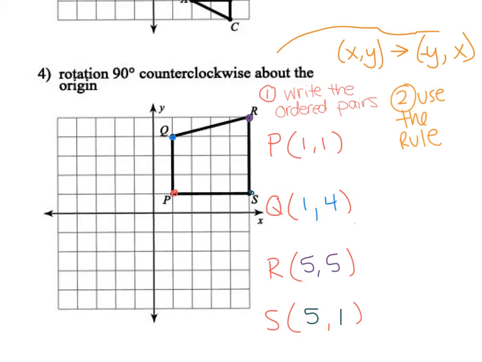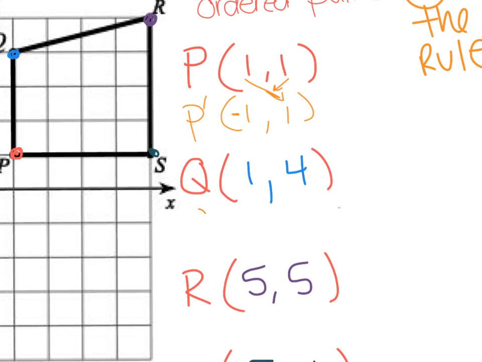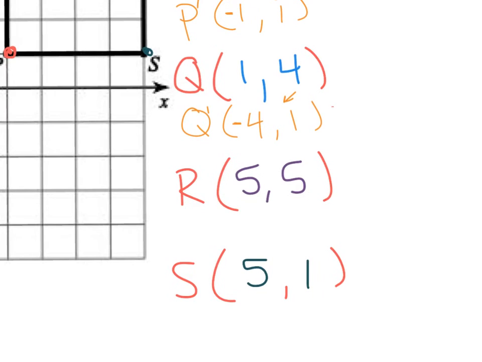The rule I've listed up here, where the X and Y switch spots and then the Y gets a new sign. So for P prime, 1 goes over. And then it's counterclockwise, so the left side gets a new sign. For Q prime, the 4 comes to the X, the 1 goes to the Y, the Q gets a new sign.